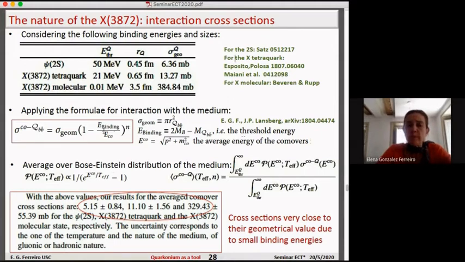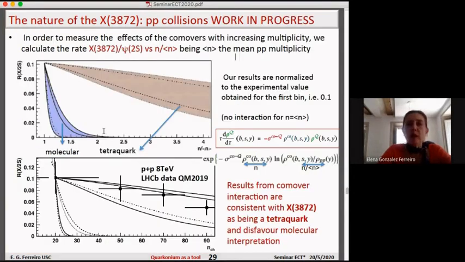In fact, we applied our final state interaction with the comovers, with the pions, and you see that in case of having a molecular state, the interaction cross-section is going to be very high. So most of the exotic X are going to be suppressed for multiplicities above the mean multiplicity.